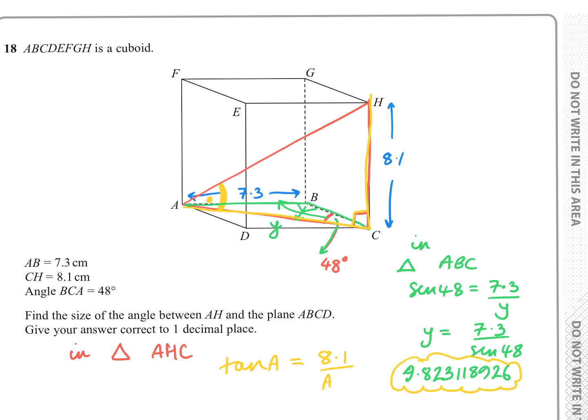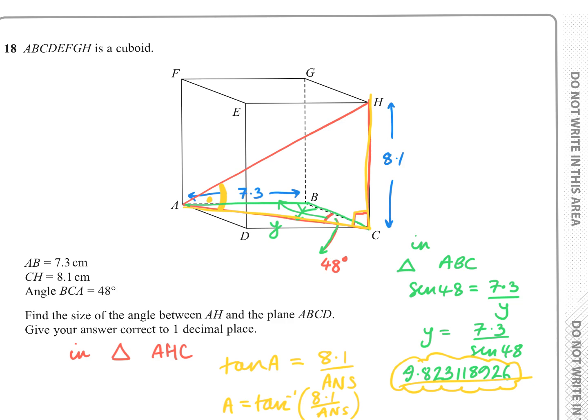And on mine it's called ANS, so all I have to do is do arctan of both sides, or inverse tan. So A is going to be tan to the minus 1 of 8.1 over ANS. You can just type in that number here if you want. So I'll do that now. So inverse tan of 8.1 divided by, and I'm going to use my ANS button, close brackets.